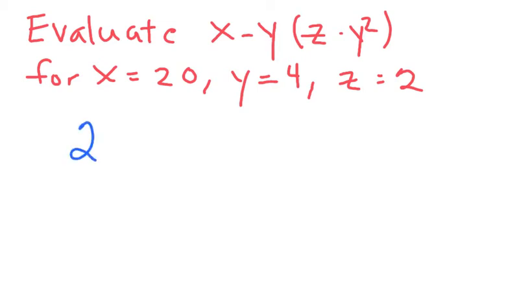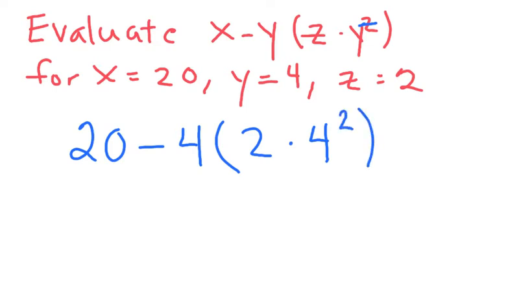So we're going to put 20 in for x, and 4 in for y, and 2 in for z, and that's actually a z right there, I just forgot to cross it, and so that's to the second power. So we just substituted all the values in for the letters.